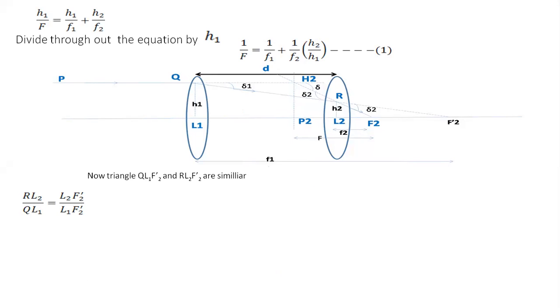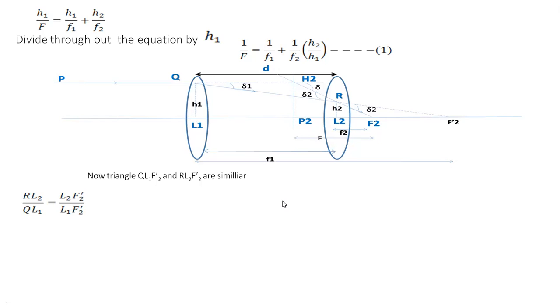Now to find the distances. What's the value of RL2? RL2 is H2. What is the value of QL1? QL1 is H1. What is the value of L2F2'? L1F2' is F1.